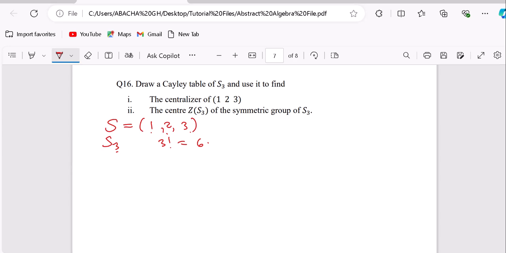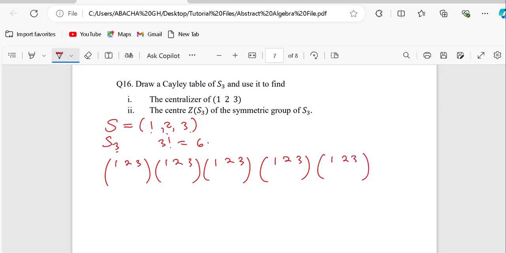And how do we find these elements? Well, that's simple. Each element is going to have 1, 2, 3 at the top, six times: 1, 2, 3, 4, 5, 6. Good.